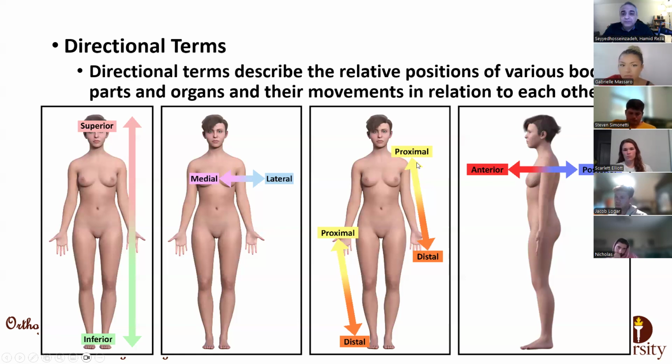Sometimes we use these two words for some other parts of the body, like vessels. But when we are talking about the vessels, we consider the vessel as a separate entity, not as a body part. We are talking about the anatomy of that vessel or that bone, and then we can use the proximal and distal. But generally, we use these two words for only the limb, upper and lower limb.